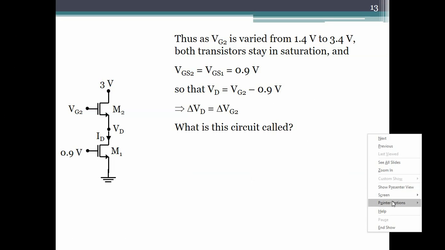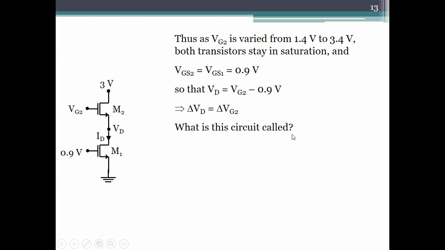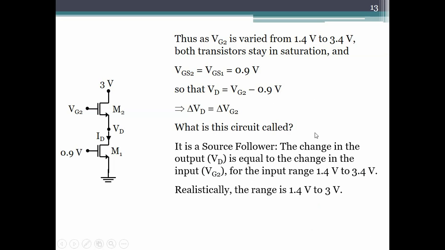So it is important to recognize that whenever we build amplifiers, they have a DC range over which they work the way we expect them to work. A source follower is expected to have the output delta equal to the input delta, and that happens only in this range, 1.4 volts to 3.4 volts. Each amplifier circuit has an input range over which the amplifier works as an amplifier, or a follower.